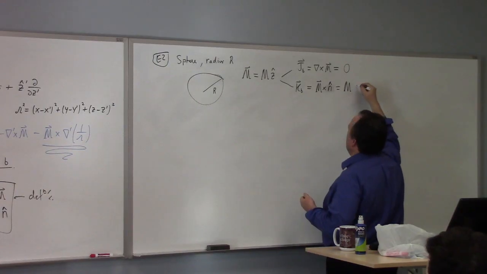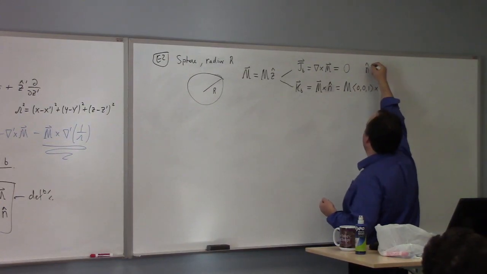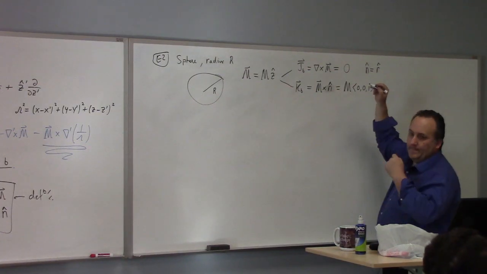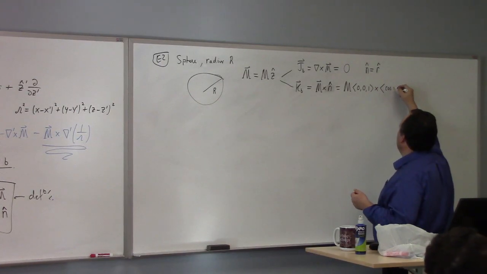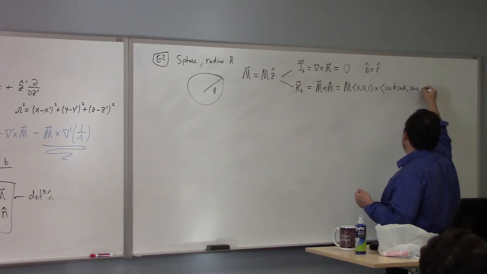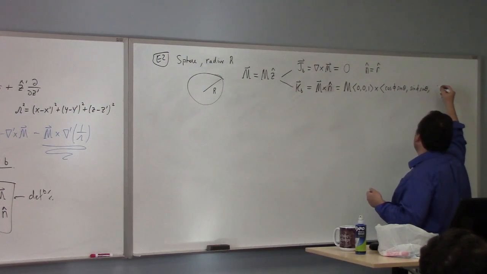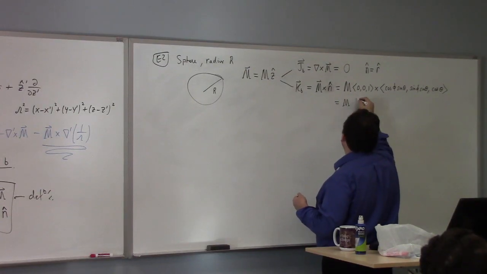This is M, z hat is (0, 0, 1). And n hat is what? It's r hat, the spherical unit vector: cosine phi sine theta, sine phi sine theta, cosine theta. Take this cross product, what do you get?